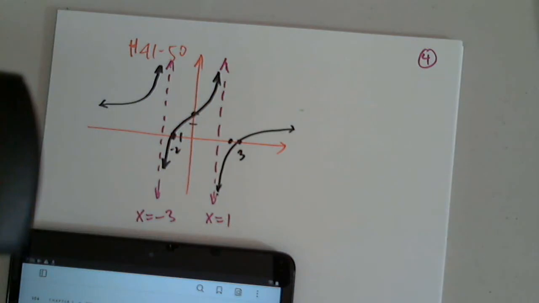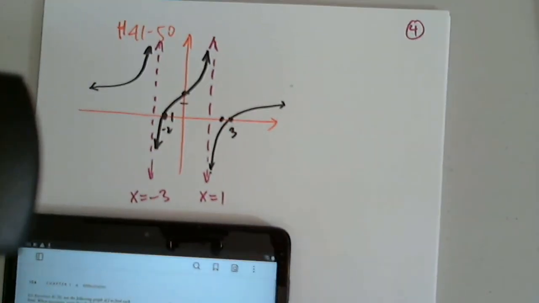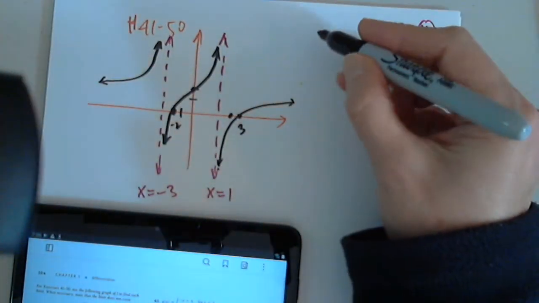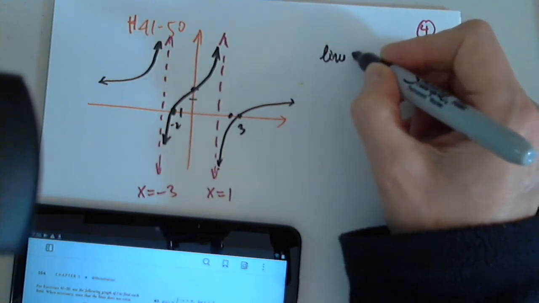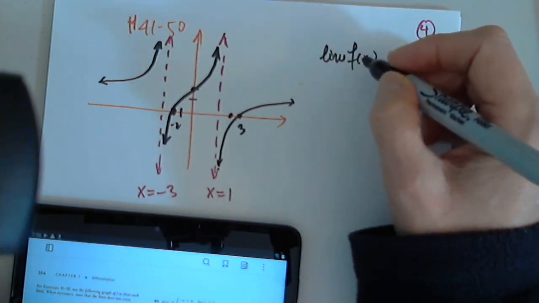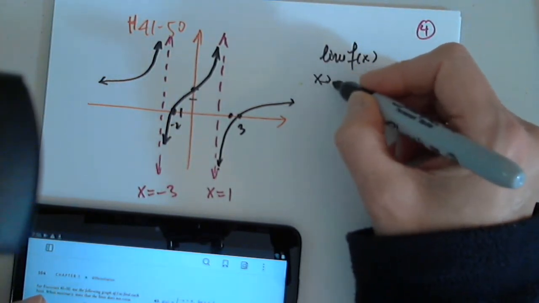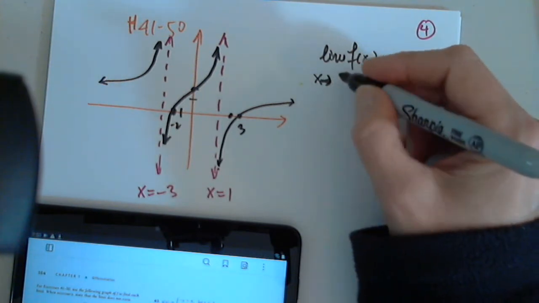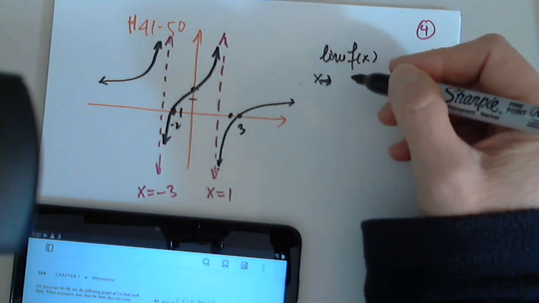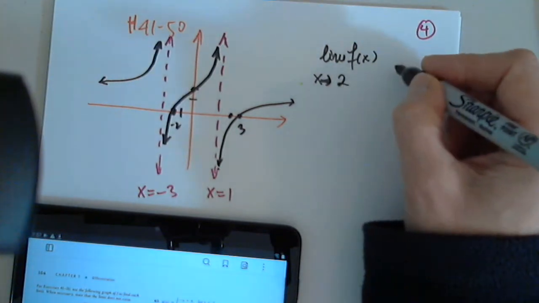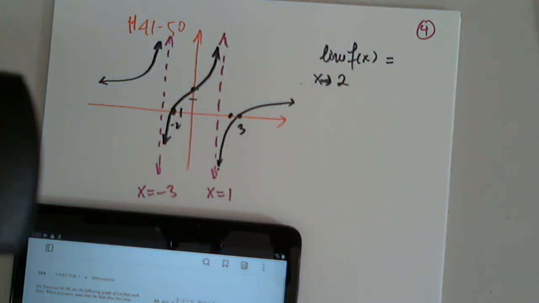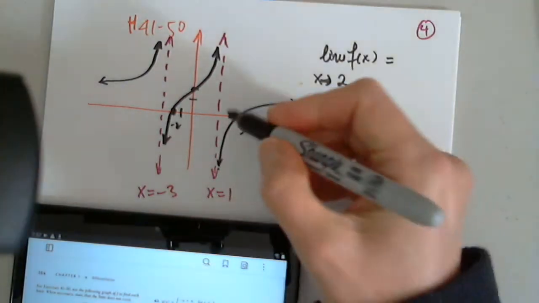Okay, perfect. So let's answer our questions. First question, limit of f of x as x approaches 2. I think it's 2 from the left. Is it 2 from the left? No, it's just 2 from either side. Okay. -1. I agree.